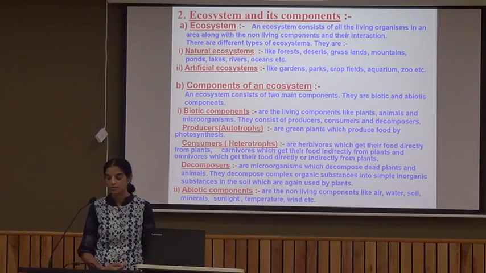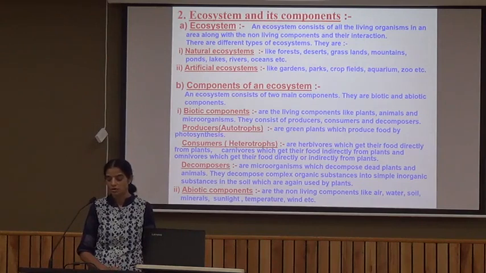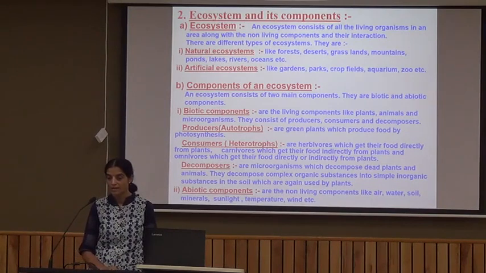Natural ecosystems include forests, deserts, grasslands, mountains, where the ecosystems are managed by organisms themselves. And artificial ecosystems like gardens, parks, crop fields, aquarium, etc., require human interference, and thus they come under the artificial ecosystem category.